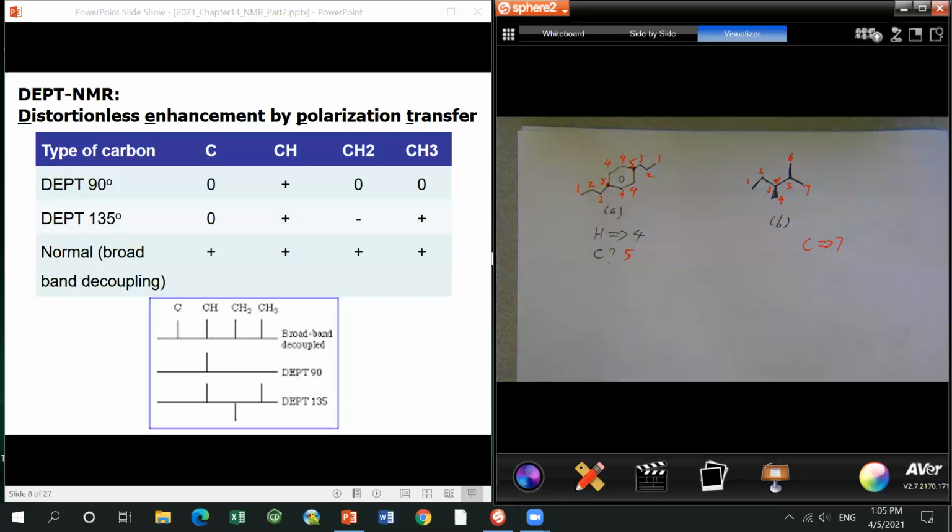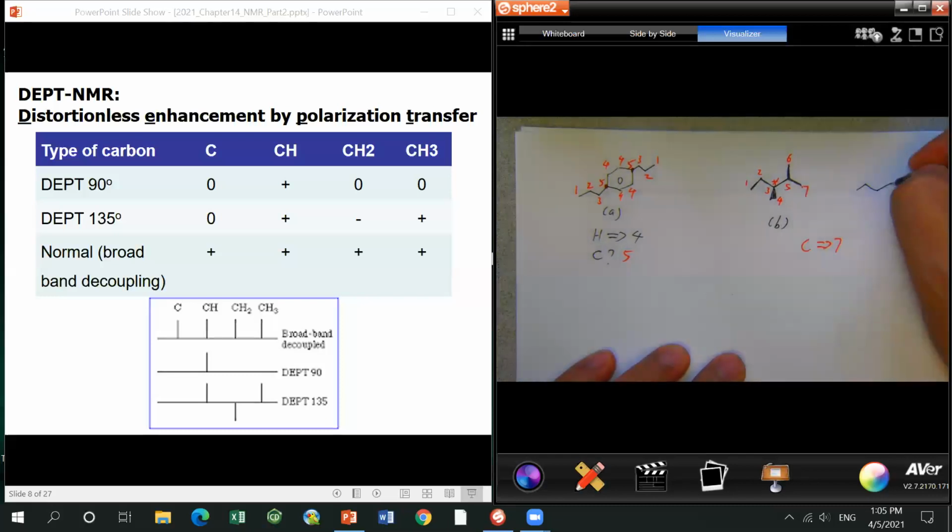So let's do this. Because there's a chiral center, if you replace one carbon's substituent with some kind of A, just the letter A, and there's the hydrogen here, then we generate a pair of diastereomers: one stereocenter the same, one stereocenter opposite.